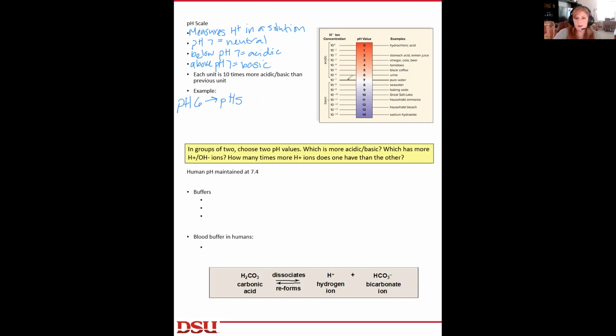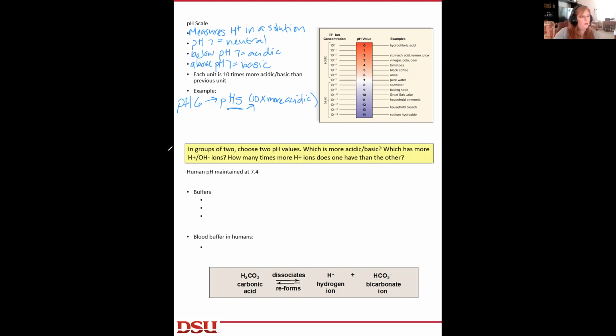Well, we know that first off, we're going from a 6 to a 5, we're going down numerically, so we're getting more acidic, but how much more acidic? Well, we are getting 10 times more acidic. Okay, the pH 5 is 10 times more acidic than the pH 6.